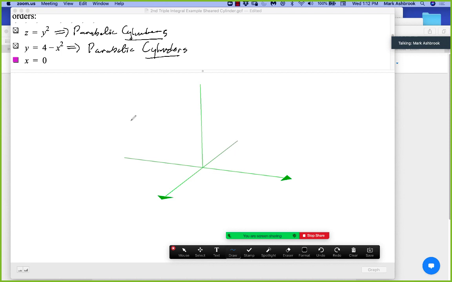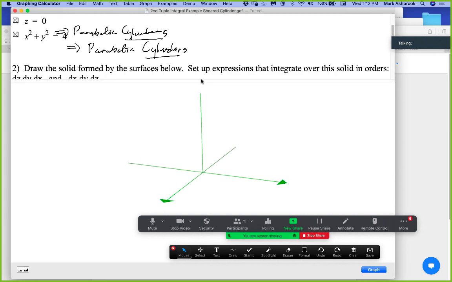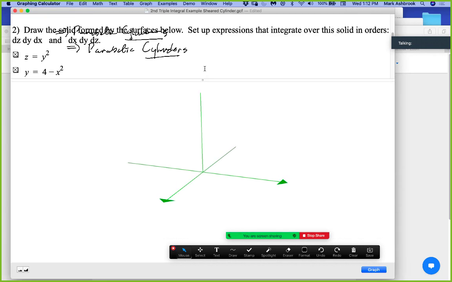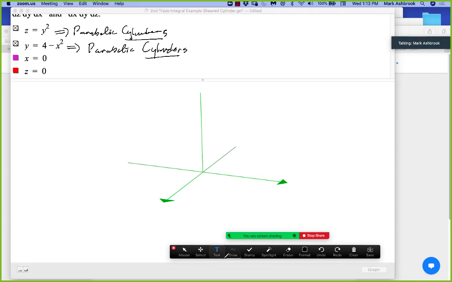All right, and then also for this solid, we also got x equals 0 and z equals 0. So z equals 0 is the xy plane. X equals 0 is like the plane of your screen. So z equals y squared. What is that?